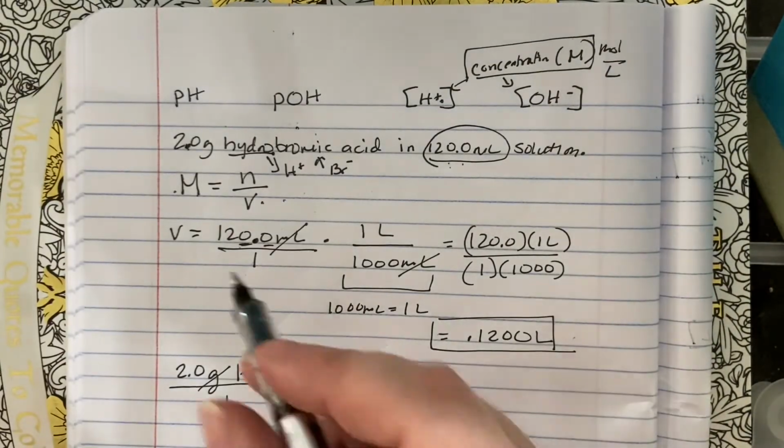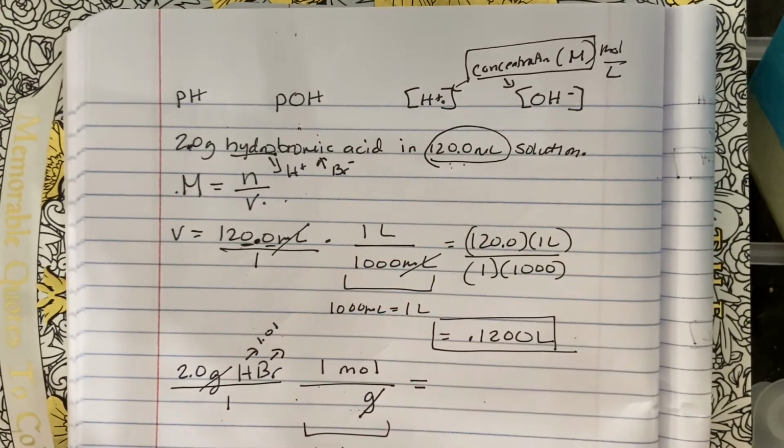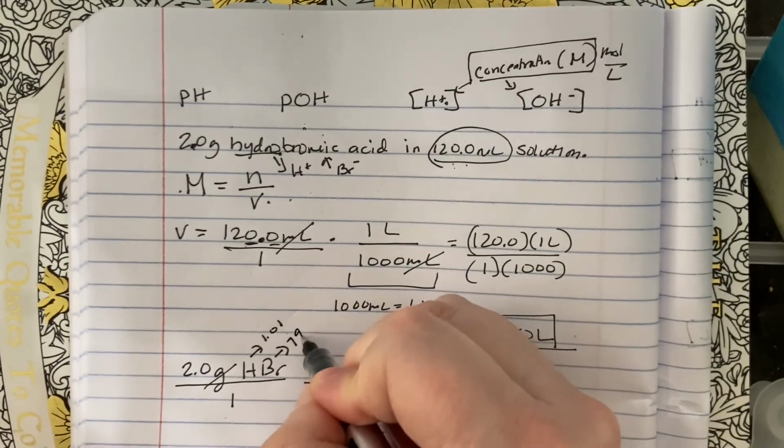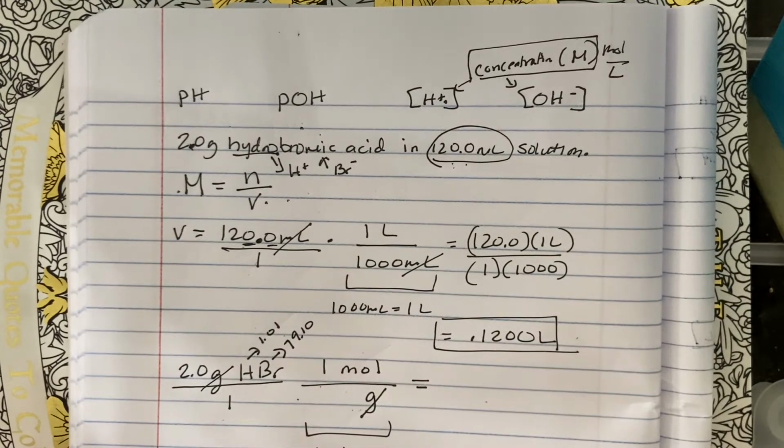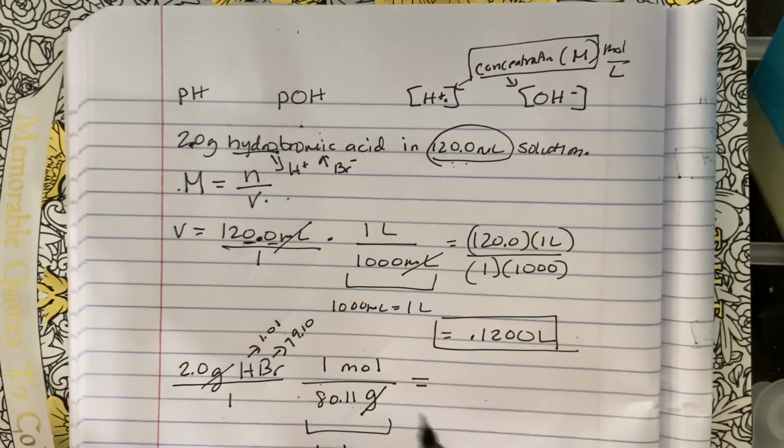So, hydrogen on the periodic table has a 1.01 AMU. Bromine has 79.10. So 79.10 plus 1.01, 80.11. 2 decimal places for that.